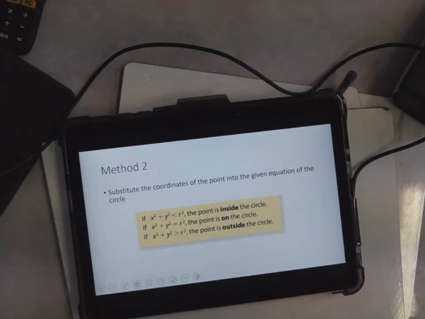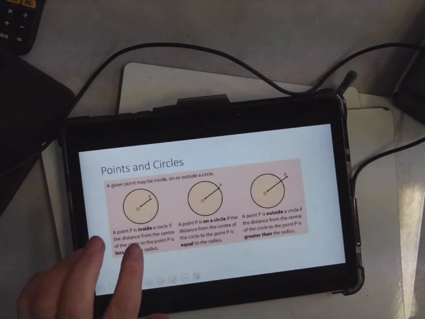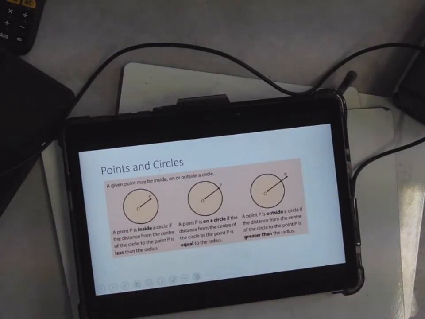Method 2, substitute the coordinates of the point into the given equation. So do you want to just write down the heading, points and circles, and maybe the first sentence there: a given point may be inside, outside, or on the circle.